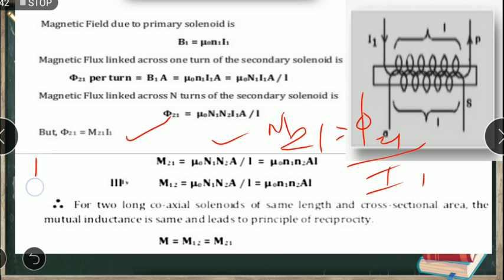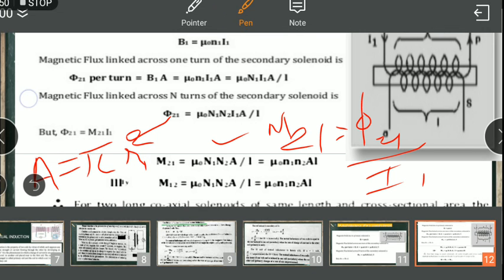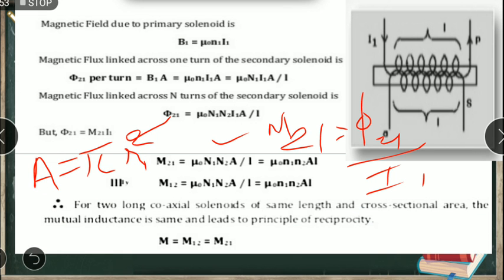So the area of cross section, the area of the circle, is simply pi r square, r1 square. Okay, if I substitute the value of A as pi r square, how can we replace the term of M21?